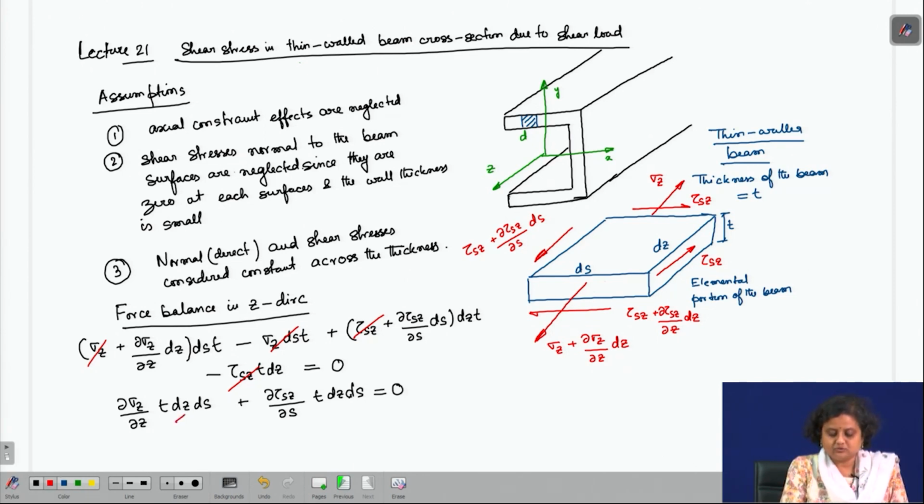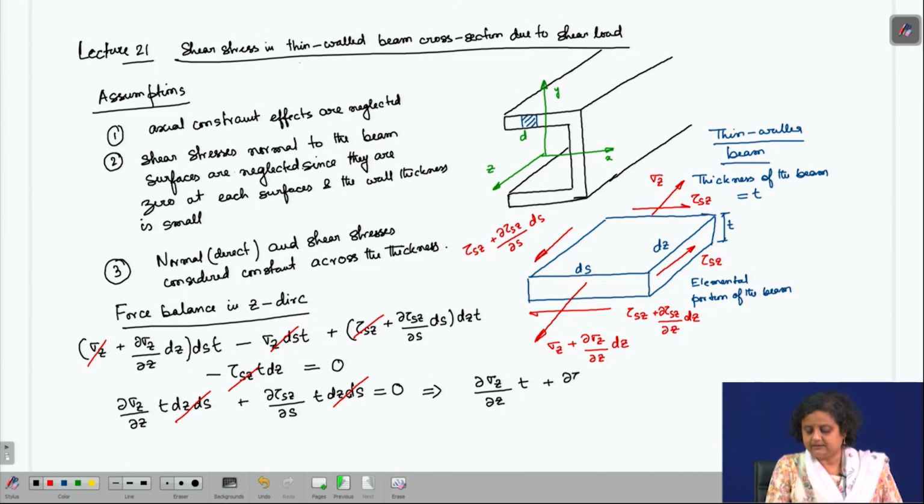Now, we can also eliminate this portion and further simplify the expression to del sigma z by del z into t plus del tau s z by del s into t is equal to 0.